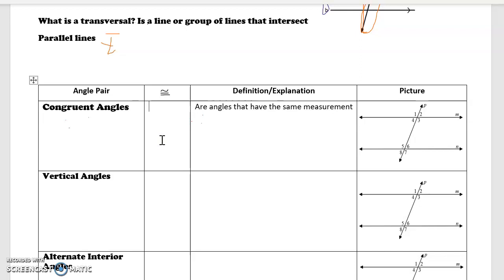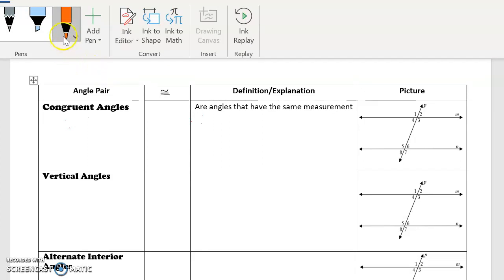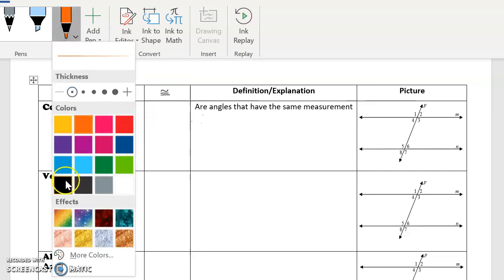When I look at this, I'm looking at the angles and I'm thinking angle 1 and angle 3 would have the same measurement. So I would say, and I'm gonna have to draw it because I don't know how to type the angle symbol. So I'm gonna get my pen. I'm gonna go with a black.